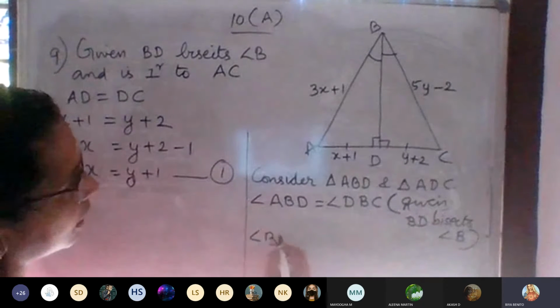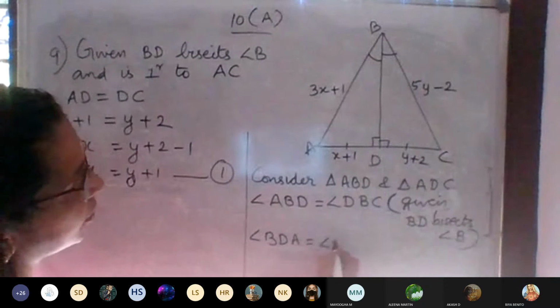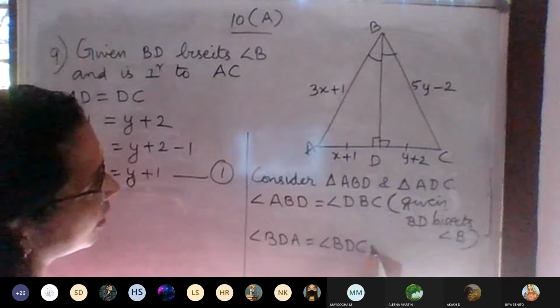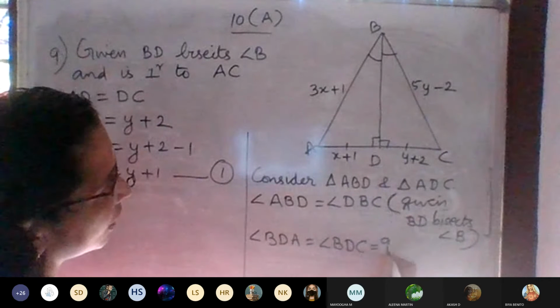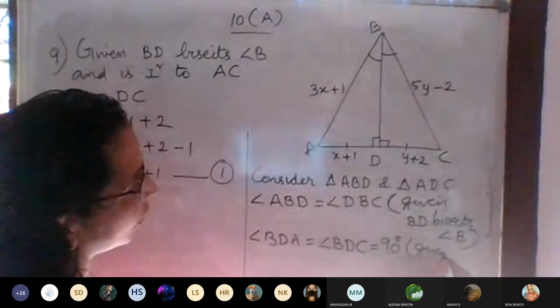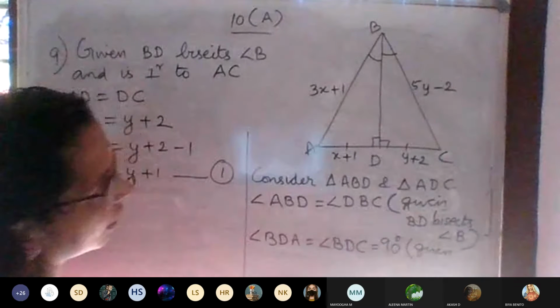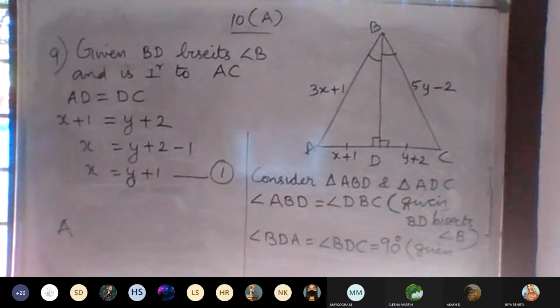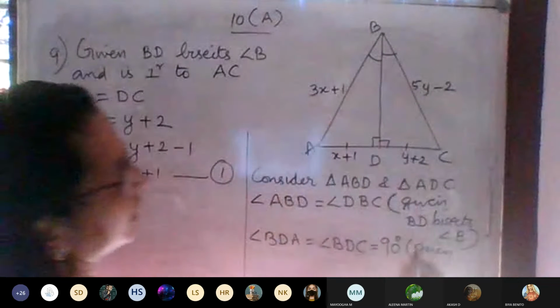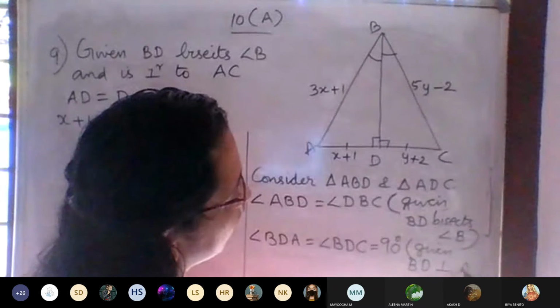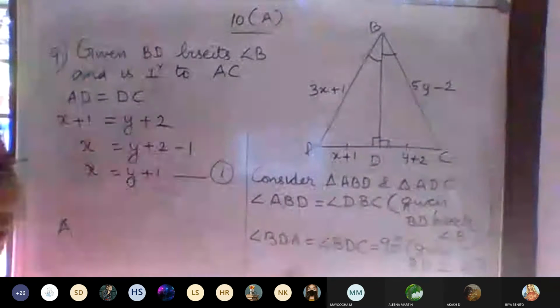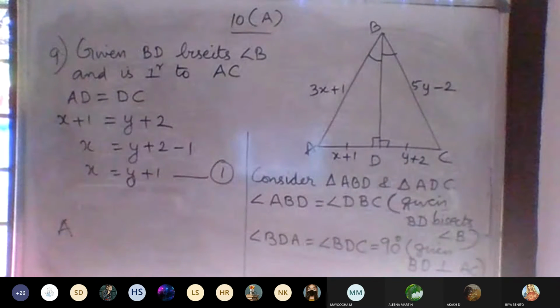Angle BDA is equal to angle BDC is equal to what? 90 degree is given. Perpendicular given. BD is perpendicular to AC. That's why we wrote 90 degree. So one more A we got.